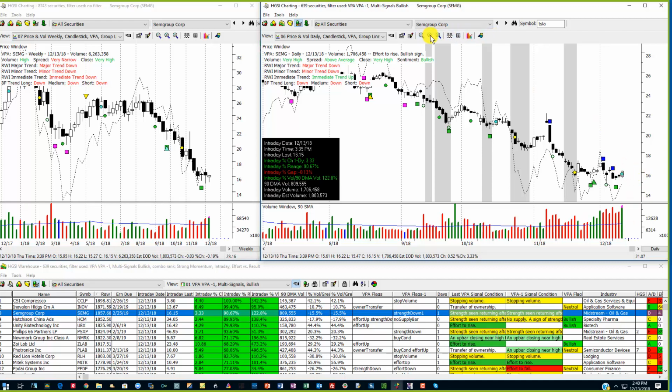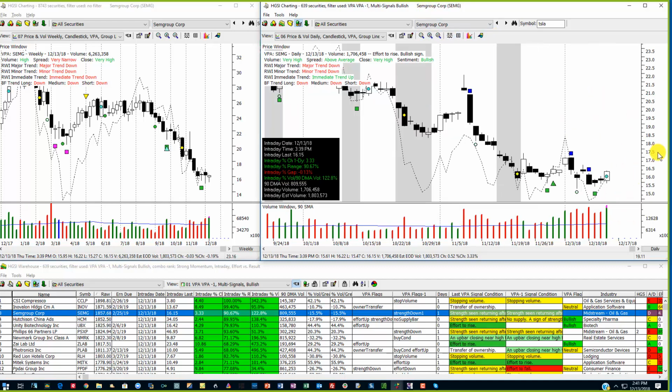So let me zoom in on this one quickly. And this is today. It's generating an effort to rise. This was a flag that I was looking at. This strength down one, strength seen returning, that is what this one is right here. You can see that it's holding support in here. Some buyers are stepping in.